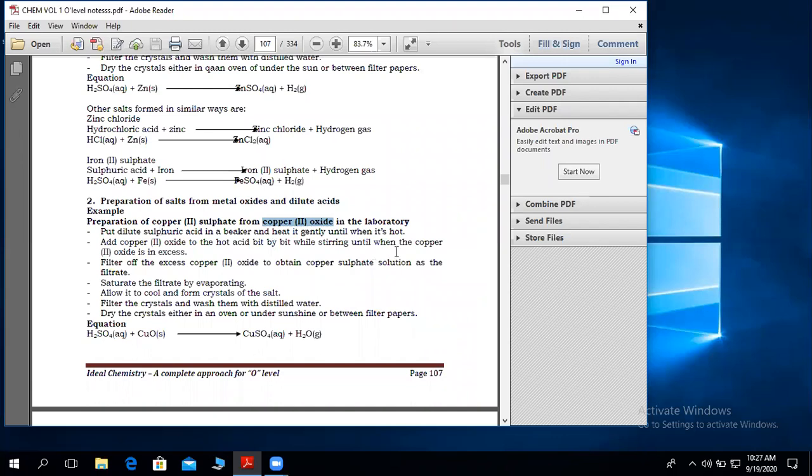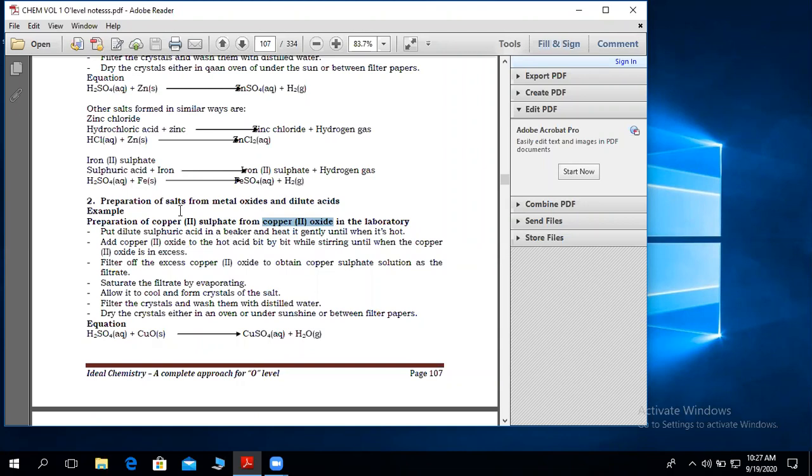So after putting your acid in a beaker, add copper 2 oxide little at a time or bit by bit while stirring until the copper 2 oxide is in excess. What do I mean by saying until it is in excess? I told you it means until when this copper 2 oxide you are adding does not dissolve any further.